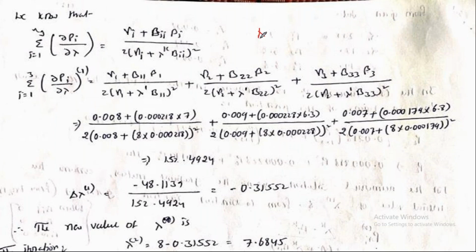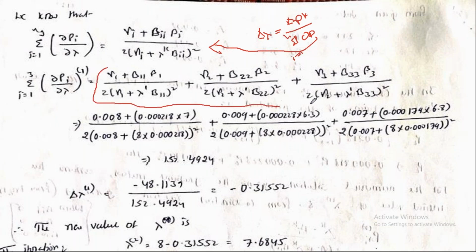So delta lambda equals delta P power k divided by the summation of i equals 1 to ng of dou Pi by dou lambda. First, find the denominator. The denominator we can find by using this formula. So we have to expand this. We have three plants, right? So i equals 1, i equals 2, i equals 3, like that. You will get the expansion like this. This term belongs to the denominator, not the numerator.